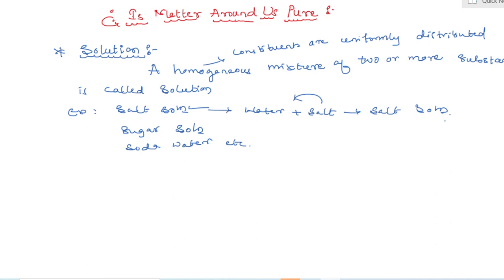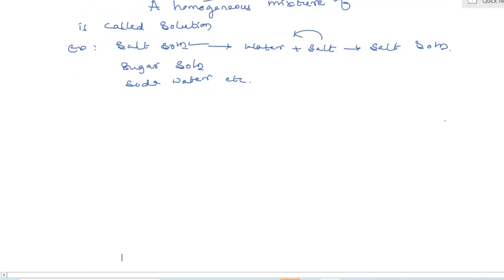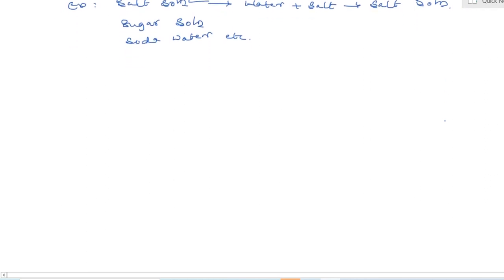In a solution, there is homogeneity at the particle level. That is, the particles of dissolved substances are evenly distributed in the solution. Individual particles are distributed or dissolved in a solution. What is water termed as here, my dear students?